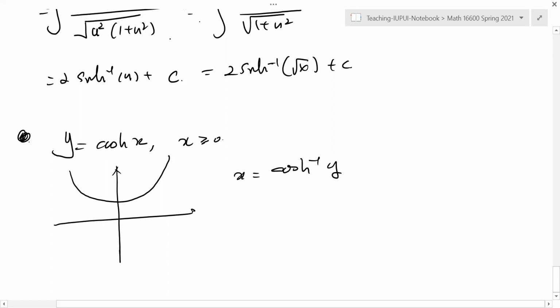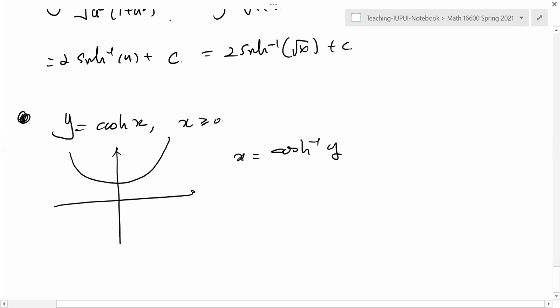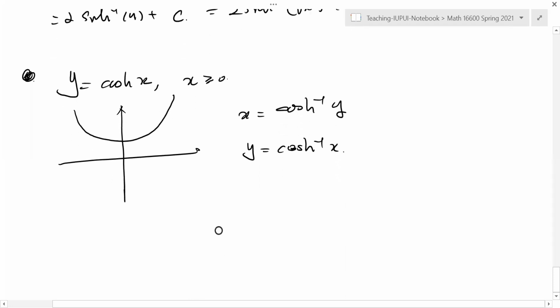Now the question is, what is the derivative of that? Yeah, what is the derivative of that? So the y value here is greater than or equal to 1. So you can get this, right? So let's find the derivative.